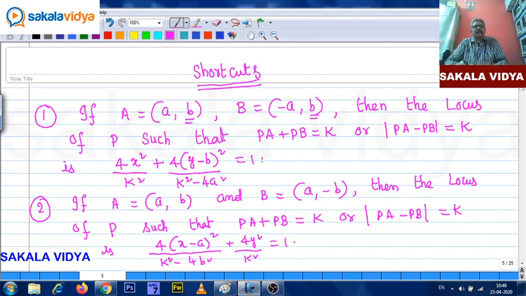But depending on the equation to the locus, we can say that either an ellipse or a hyperbola can be determined.